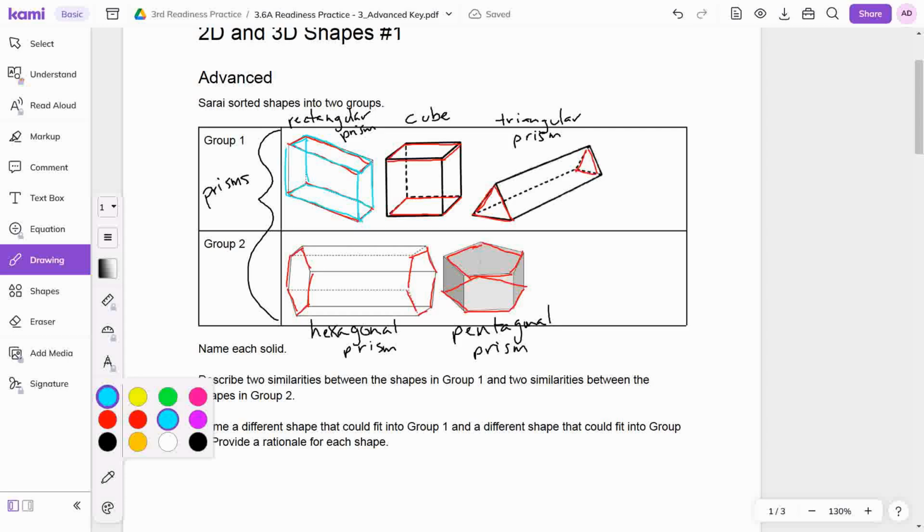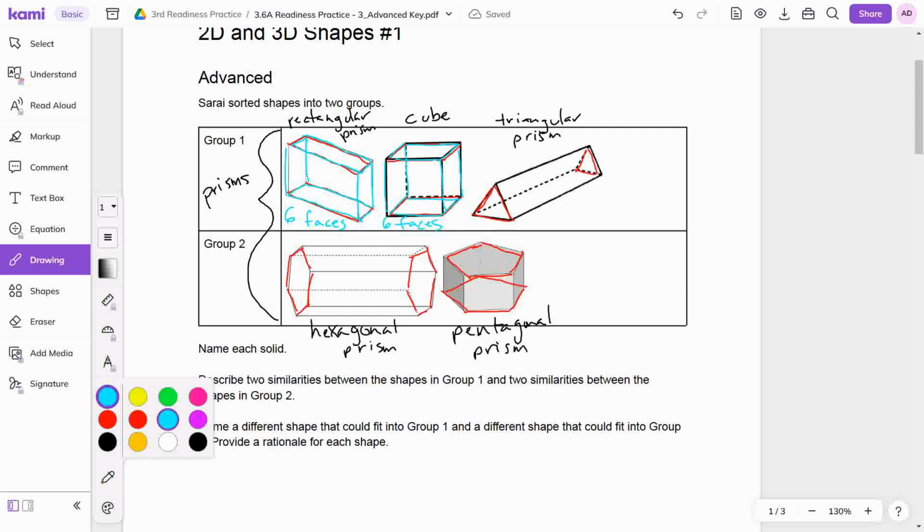So 2 bases plus the 4 connecting faces, because it's a 4-sided base. So I can say this has got 6 faces. Same thing with this cube: I've got 4 sides on each base, so I've got 2 bases and then 4 faces connecting the 2 bases. 4 plus 2 make 6. So this also has 6 faces.